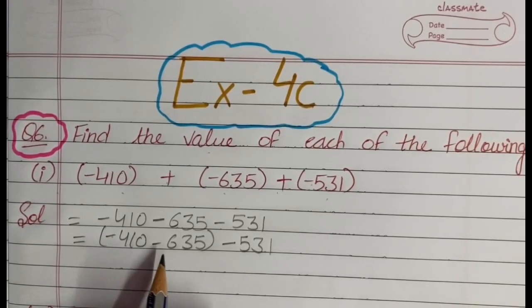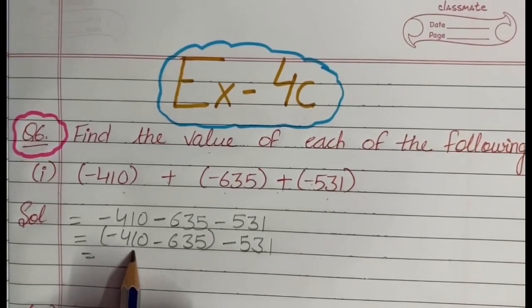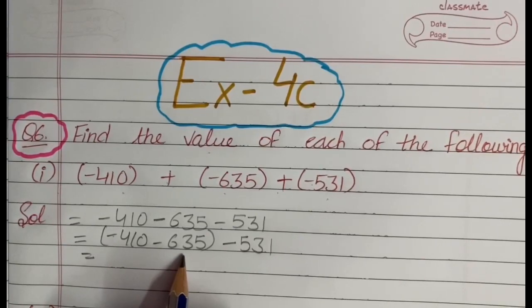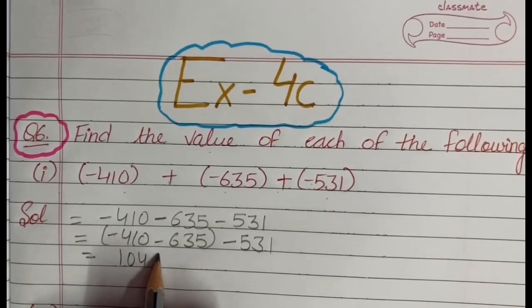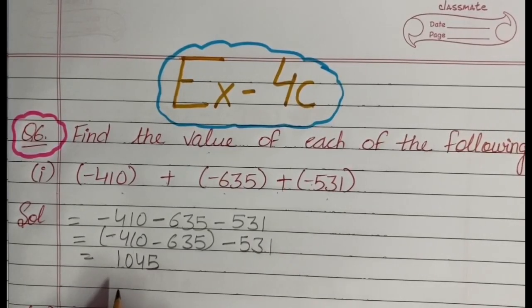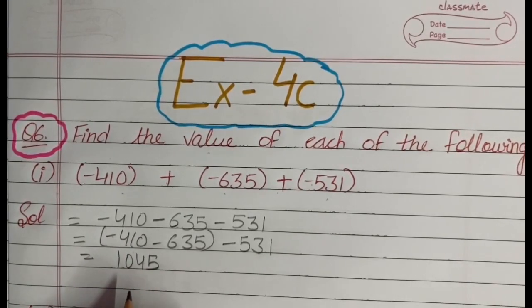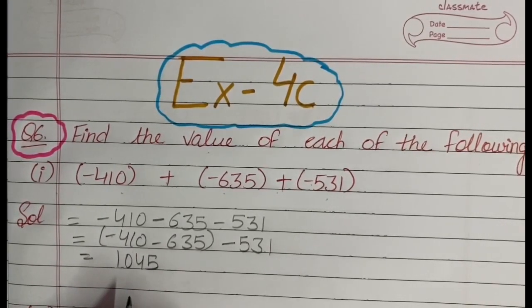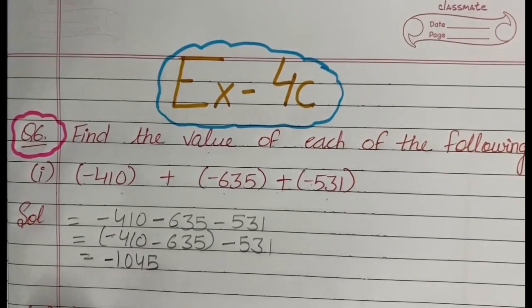That means we have to add them, and on adding 410 and 635, what we will get? We will get 1045, and here which sign we will take? Since both the integers are negative, we will take the common sign, that is negative sign. That means minus 1045, right?